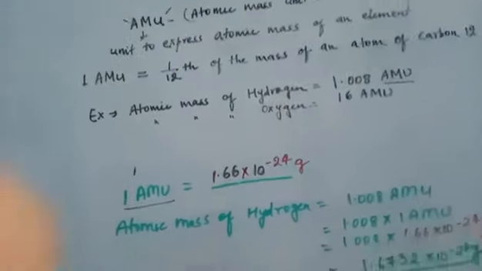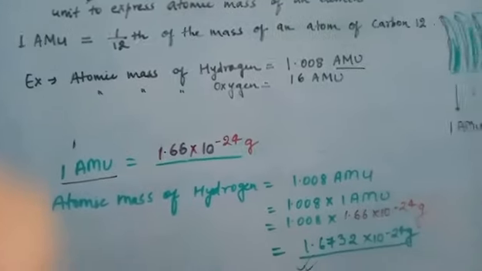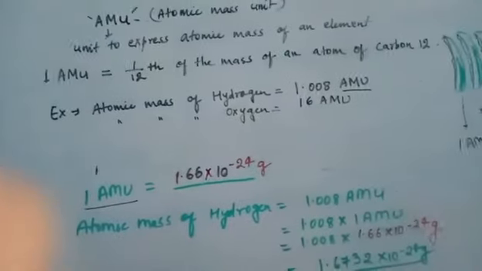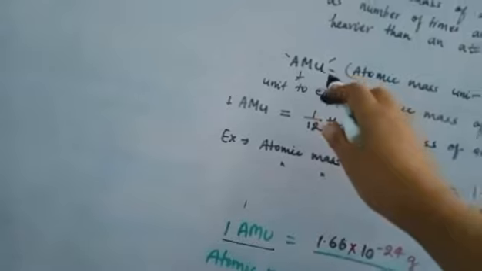Okay, so here the value is so much less that we cannot give the unit gram or kg. That is why scientists suggested one unit as AMU, that is atomic mass unit.